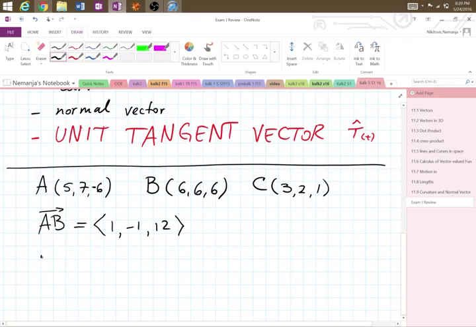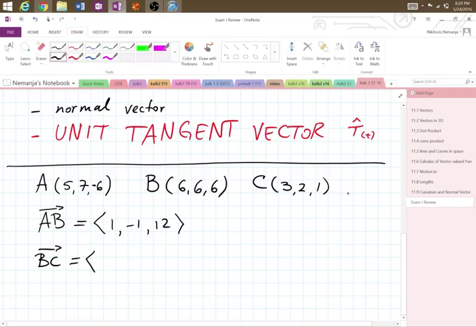BC. Yes? So what was the question exactly? Find the orthogonal vector to the plane containing these 3 points. So BC, 3 minus 6 is negative 3, 2 minus 6 is negative 4, and then 1 minus 6 is negative 5.